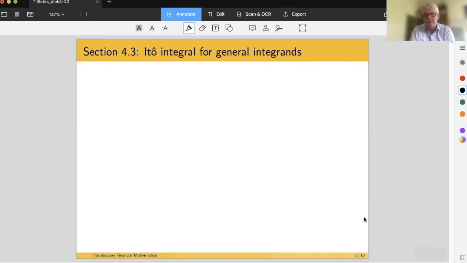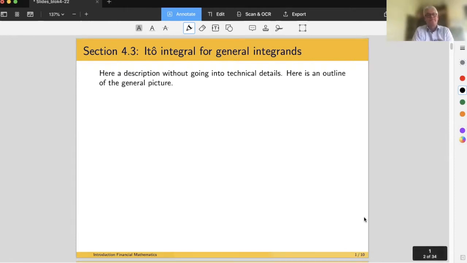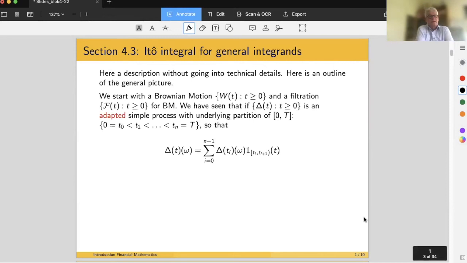Okay, remember that we start with the Brownian motion W_t, t greater or equal to 0, and a filtration F_t, t greater or equal to 0, for the Brownian motion.